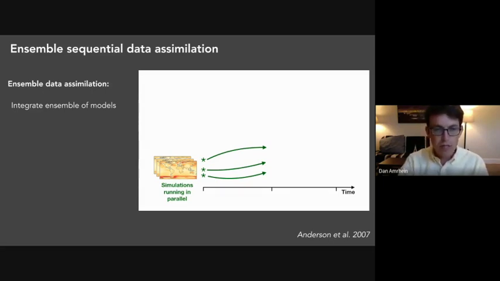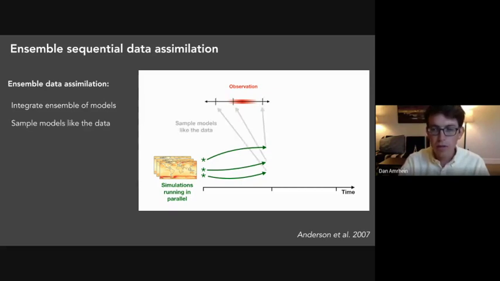So the procedure is, starting from a particular time, to integrate an ensemble of models forward in time until you encounter an observation of some quantity. And to assimilate that observation, what is done is to sample the models like the data. So if you have an observation from the North Atlantic, you'd look at North Atlantic temperatures, for instance, to compare the models and observation, and then add increments to the model states that improve the fit to the data.